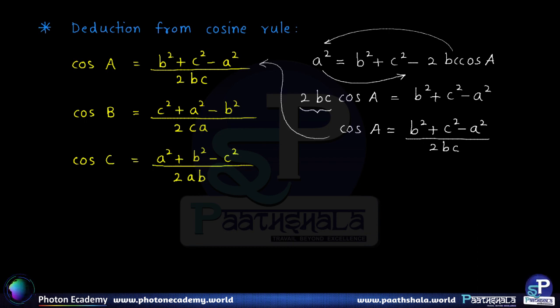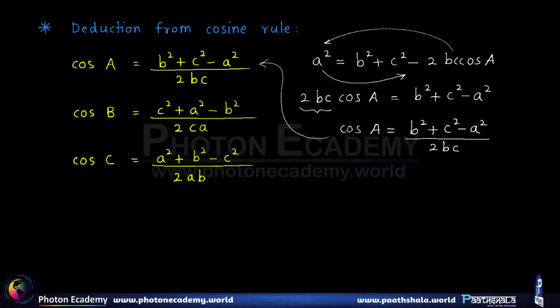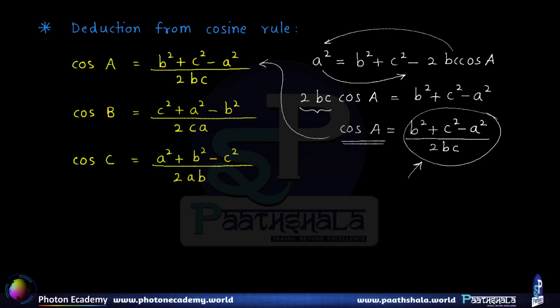It's really not a new rule or theorem, it's just the cosine rule written in a different manner, which is often useful. The moment we spot cos A, cos B or cos C, that can be converted into this expression which involves completely the lengths of the sides of the triangle.